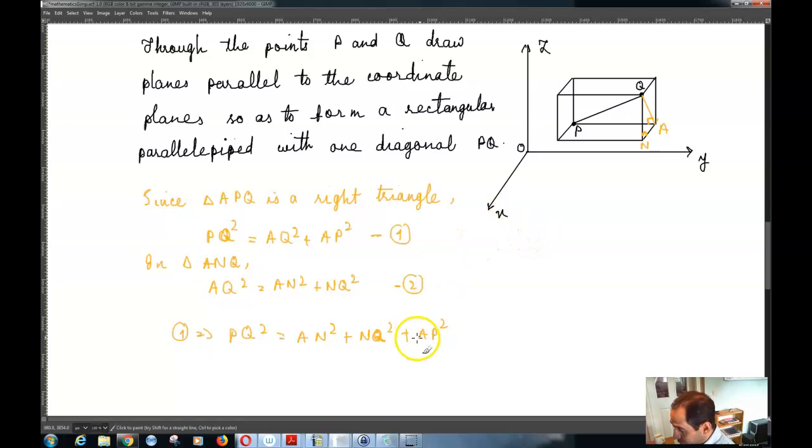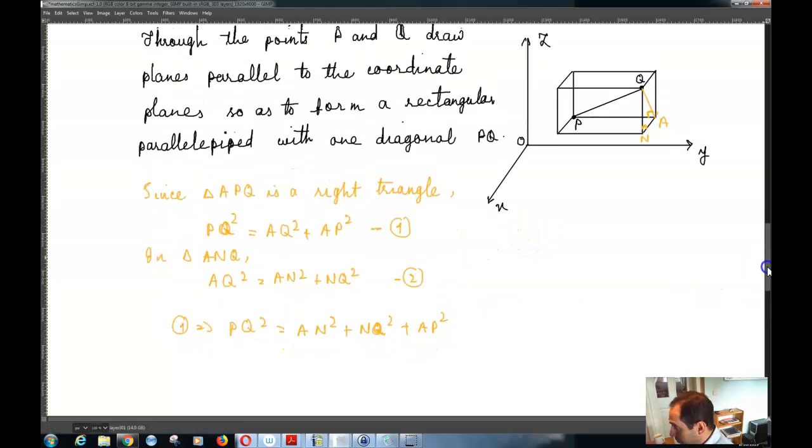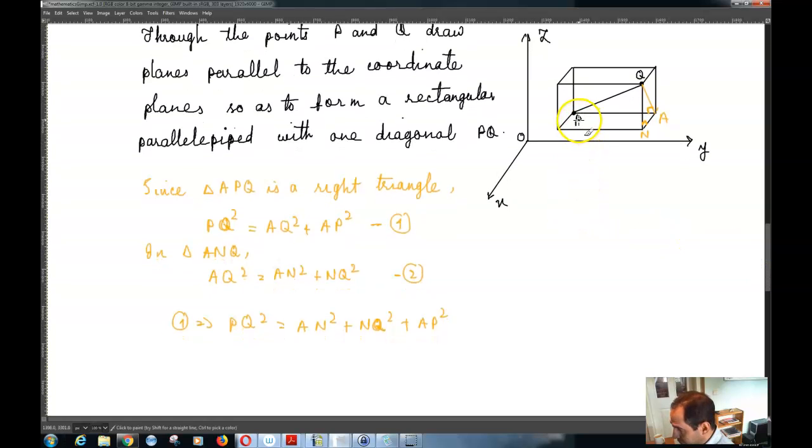Now these points over here, this distance AN, you see that the point is on a plane basically parallel to the XY plane. That means that the z coordinates are the same.